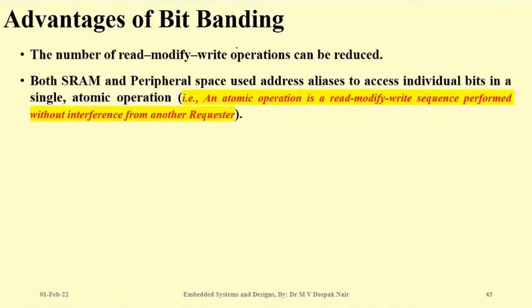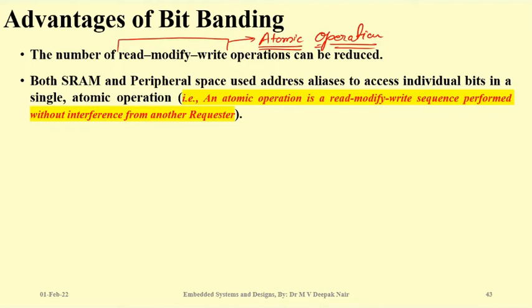So it is fast, it is faster. These three operations together are also known as an atomic operation. What does that mean, atomic operation? These are technical terms which are found in embedded systems. Remember, these kinds of questions are also raised.